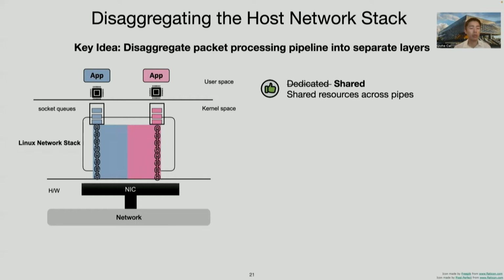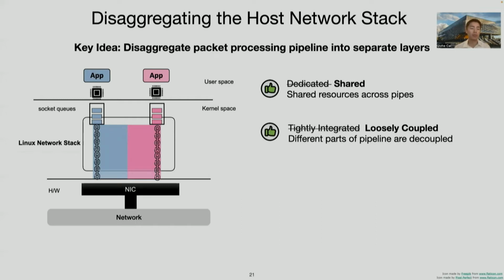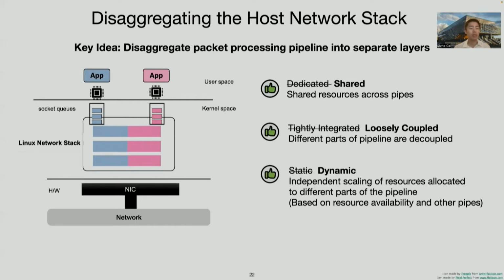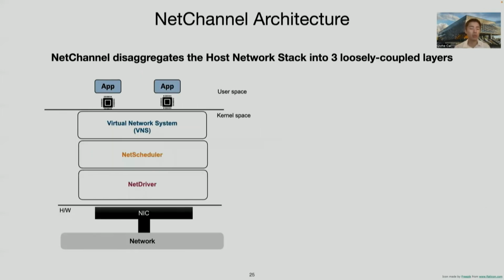Instead of a tightly integrated pipeline, we would like different parts of the pipeline to be decoupled both from application and from each other. Finally, instead of static pipes, it should be possible to independently scale the resource allocated to a pipe at different parts of the pipeline. It should be possible to do this dynamically based on other coexisting pipes and the resource availability at the host.